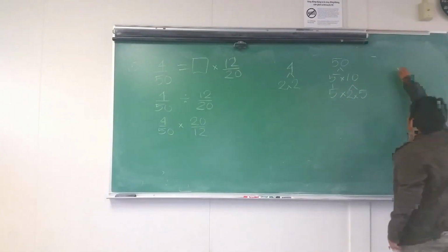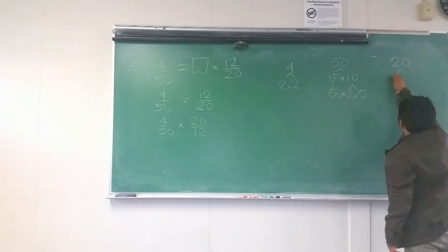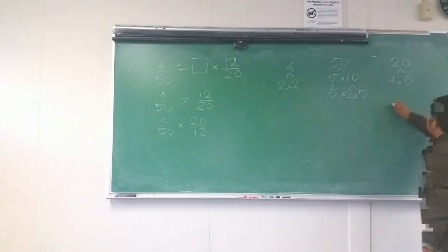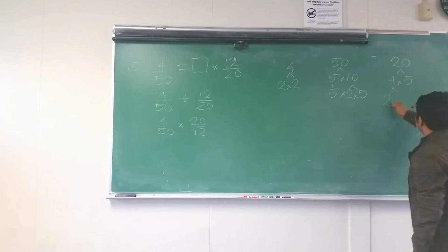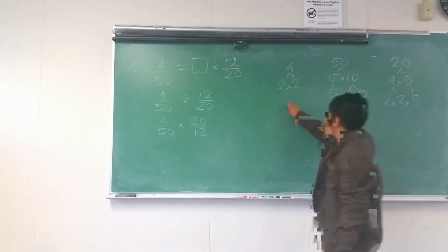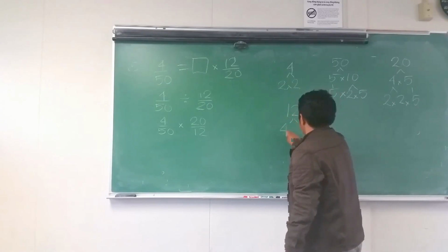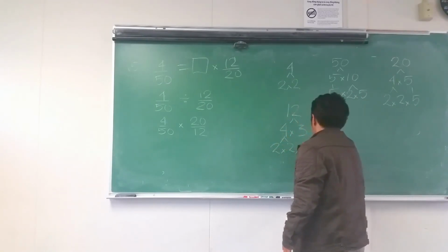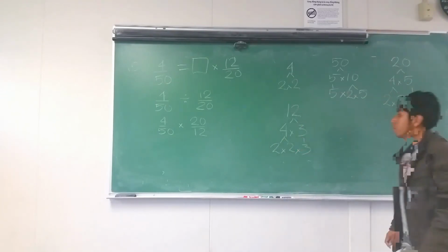That 20, what is that 20 going to be? 4 times 5, and this 4 here is 2 times 2. Bring the 5 down. That 12 is going to be 4 times 3, and that 4 is 2 times 2 times 3.